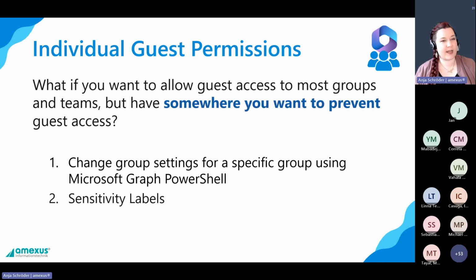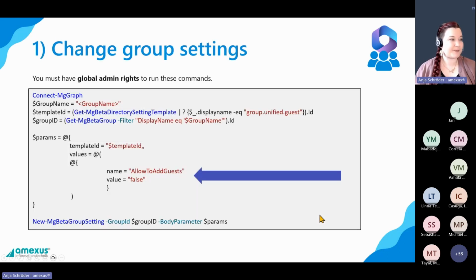There are two easy ways to configure it more specifically. The first is that you can change the ability to add guests to your group with Microsoft PowerShell, and the second one is about sensitivity labels. First I will show you the PowerShell way.